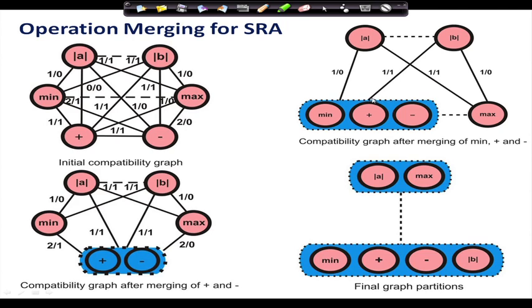Now, other things can come in, A and max has been put in because they are compatible. So, I have merged these two, then this, and A and max has been merged, and all these B can easily come to this cluster, B can come, therefore, I have got this as the final graph partition, clear.